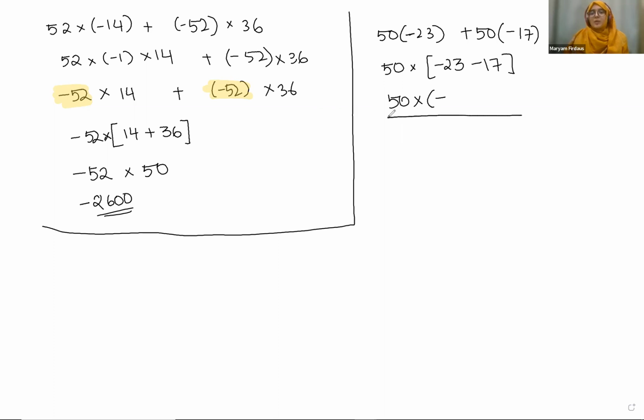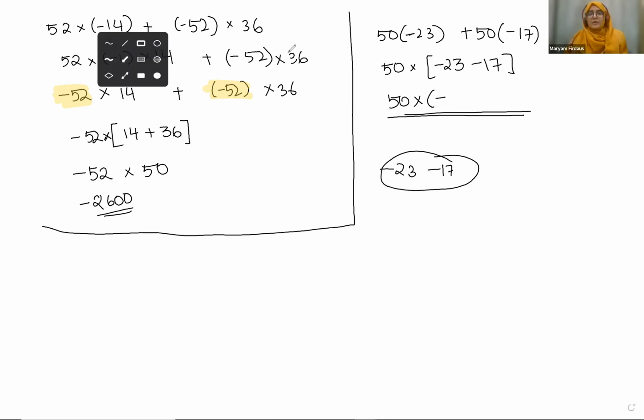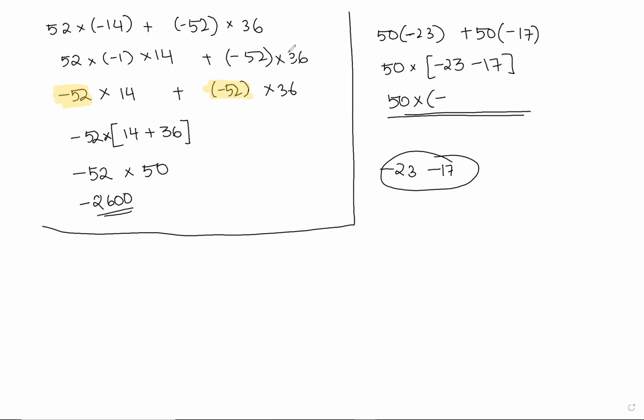What is the answer? What is minus 23 minus 17? When you solve it, what will it be equal to? 23 plus 17? No, no, no. It won't be equal to 23 plus 17. It will be equal to the negative of 23 plus 17.